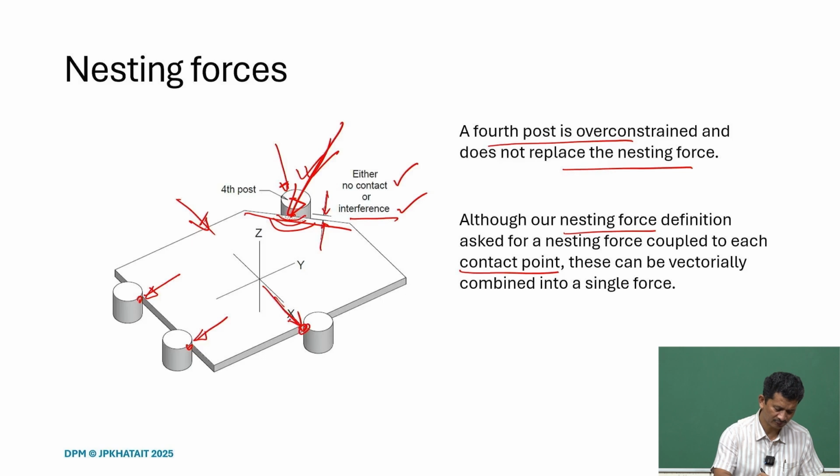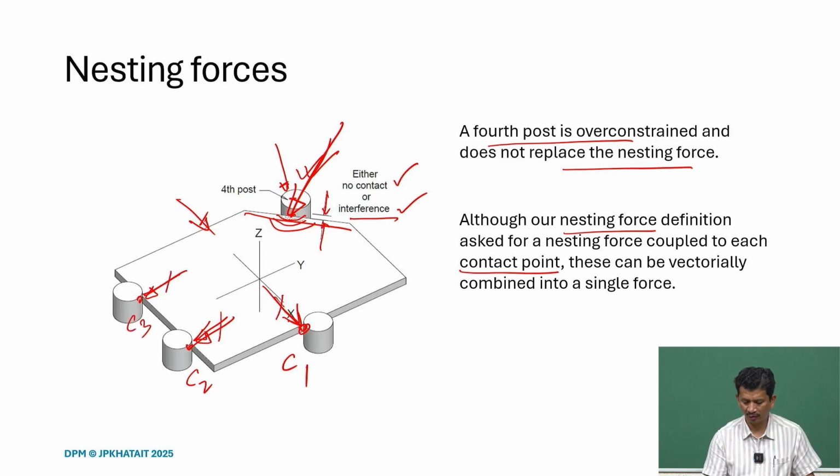This is the nesting force at this contact, along C2 we have this nesting force, and C3. But we can always get a single force by combining them vectorially. So, that is something we also need to understand, and we will do some exercises on this, how to find the nesting force.